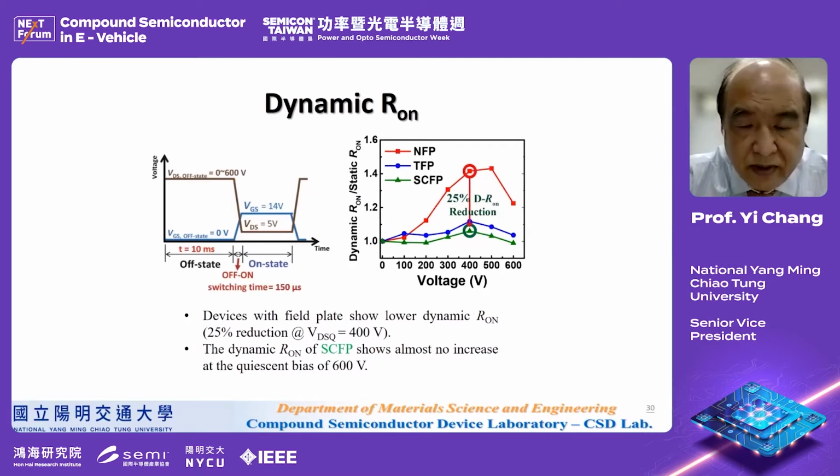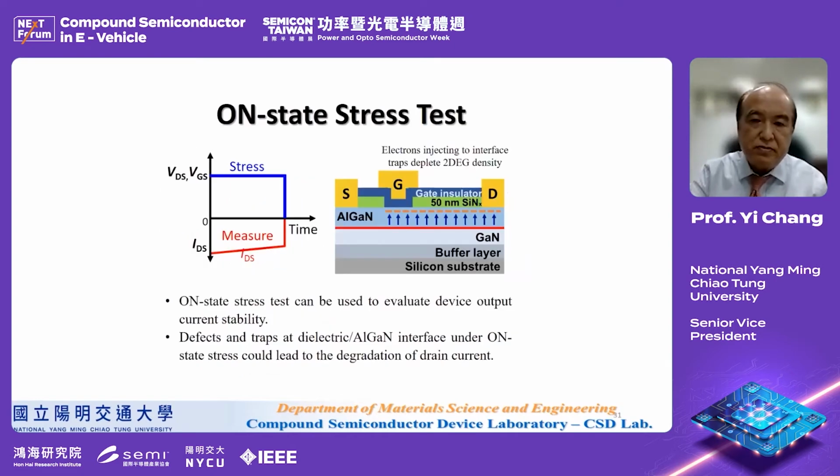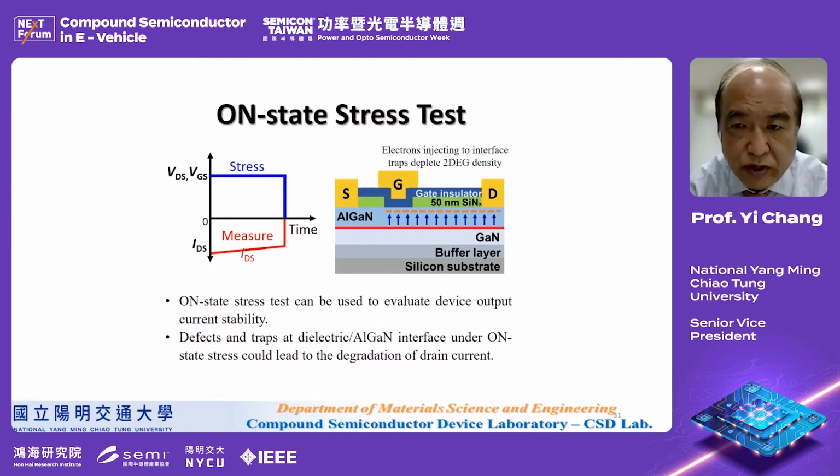For this kind of device, after you apply a field plate, you can see very low dynamic R-on reduction, and almost no increase of quiescent bias at 600 volt. The on state stress test is usually used for device output current stability.